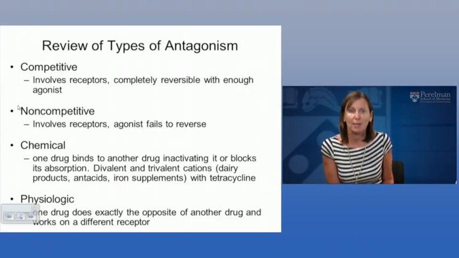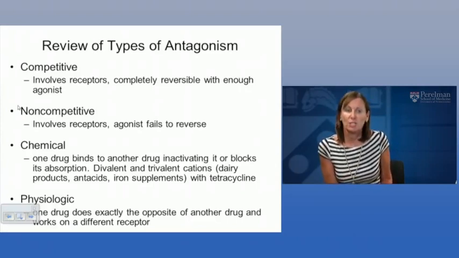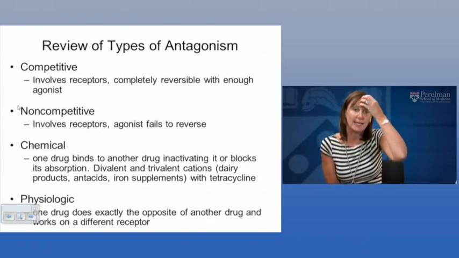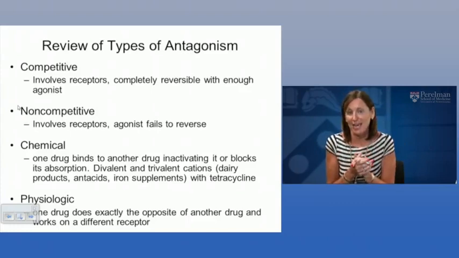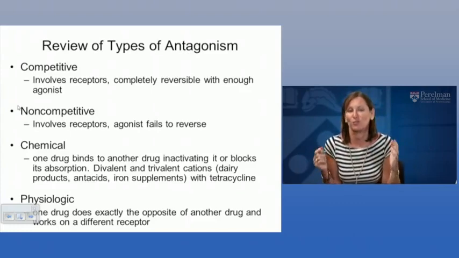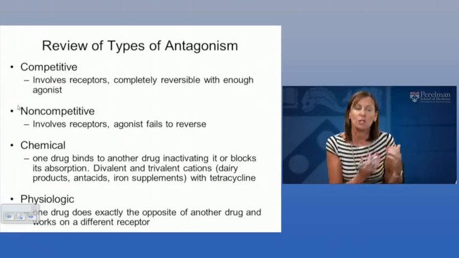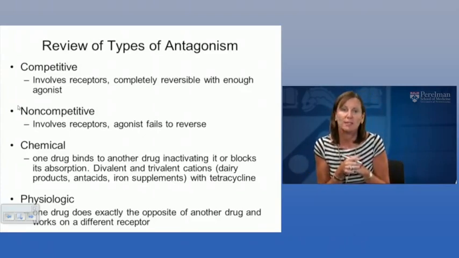So in this example, epinephrine is functioning as a physiologic antagonist to histamine. So that's physiologic antagonism. In reality, both drugs are functioning as agonists, but one of the agonists has an opposing physiologic effect to the other.